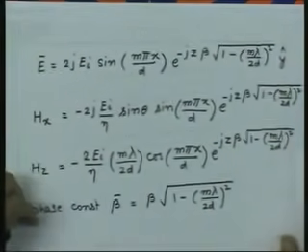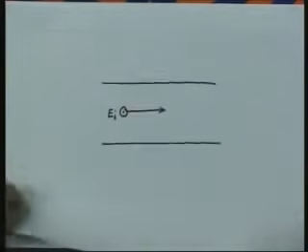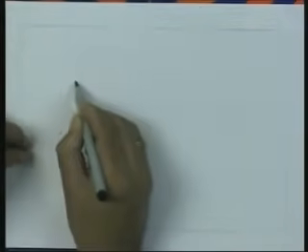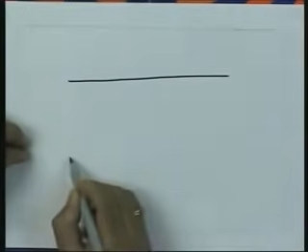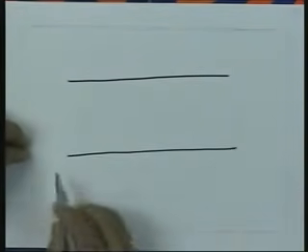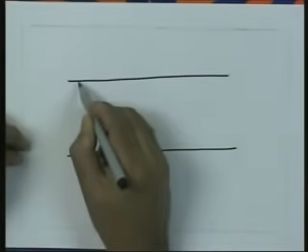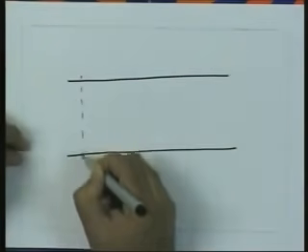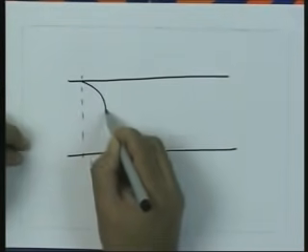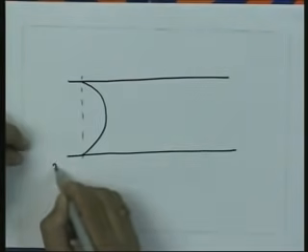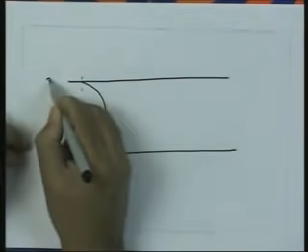So what m is telling you is, inside a structure, if I look at the field distribution, the amplitude variation of the field, m equal to 1 would correspond to a half cycle. So this is x equal to 0, this is x equal to d.